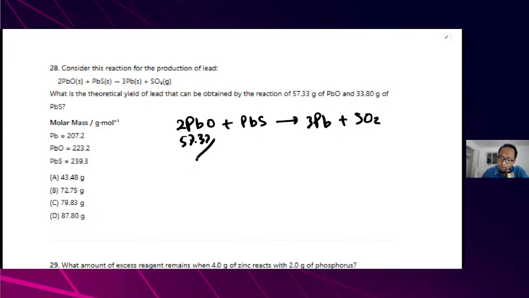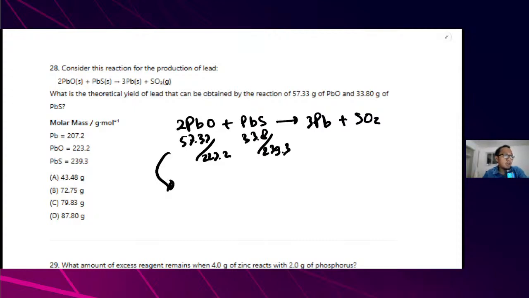Okay, and then now we have this one, so it's kind of like 57.33 over 223.2, and then 33.8 over 239.3. Okay, to get the mole.